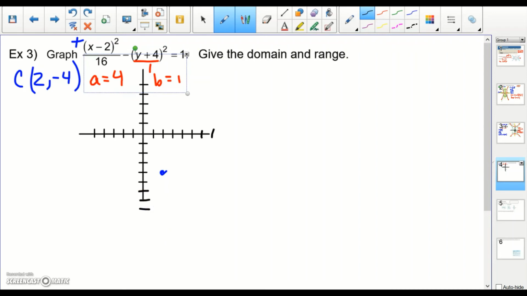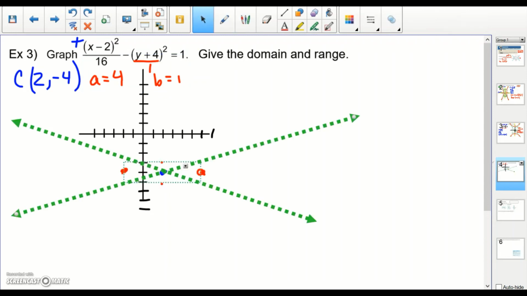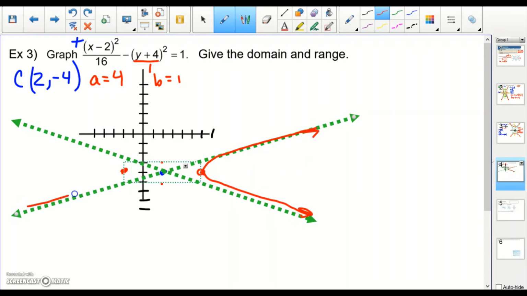If we go over 4 in the x direction from the center, 1, 2, 3, 4, we would be about right here. And in the other direction, 1, 2, 3, 4, we'd be about right here. Then we only have to go up 1 or down 1 in the y direction. So if we draw in our box and our asymptotes, we should be able to draw our curves. It looks something like this. Make sure you don't cross that asymptote.